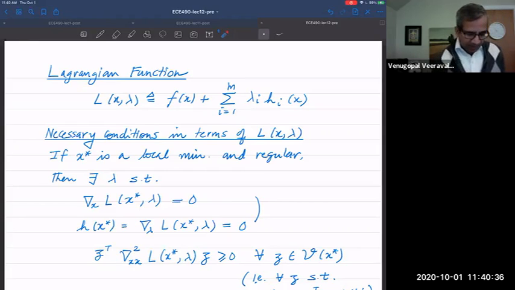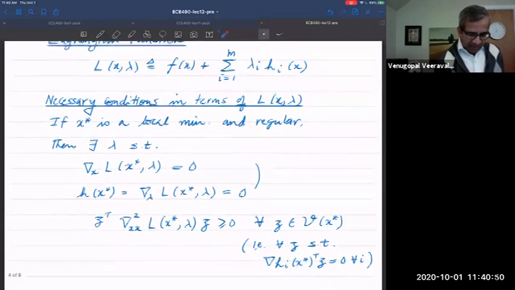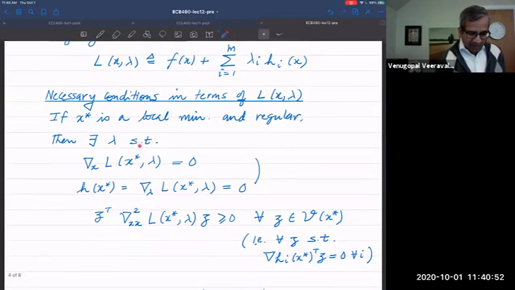So let's write the necessary condition in terms of this L. If x star is a local minimum and regular, then there exists a lambda such that the gradient of L, since it's a function of two variables, with respect to x, which I'll denote with an x underneath, is equal to 0.